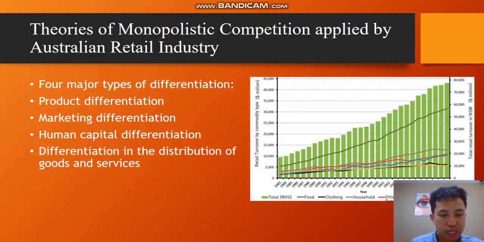Clothing retail, food retail, and all the other retail firms under the Australian retail industry use differentiation in human capital for their goods and services.